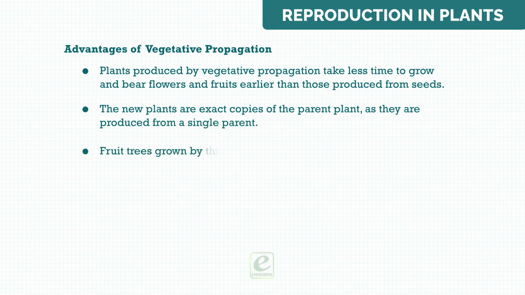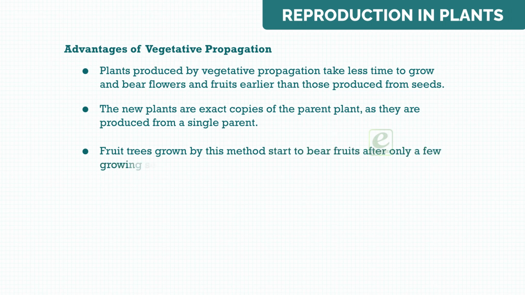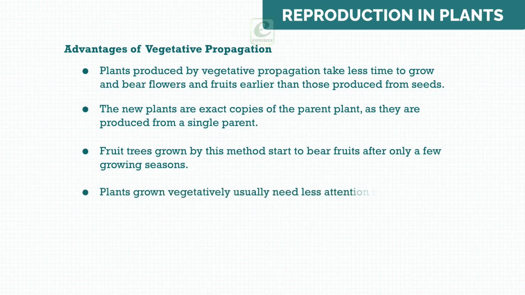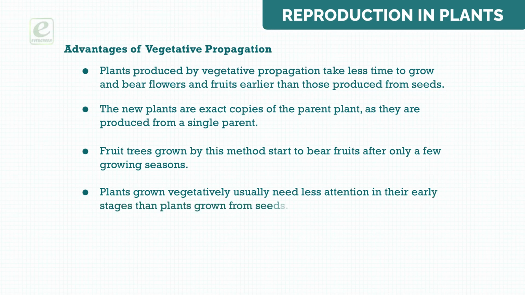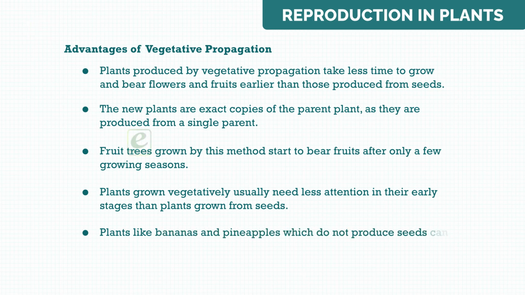Fruit trees grown by this method start to bear fruits only after a few growing seasons. Plants grown vegetatively usually need less attention in their earlier stages than plants grown from seeds. Plants like bananas and pineapples, which do not produce seeds, can only be grown vegetatively.